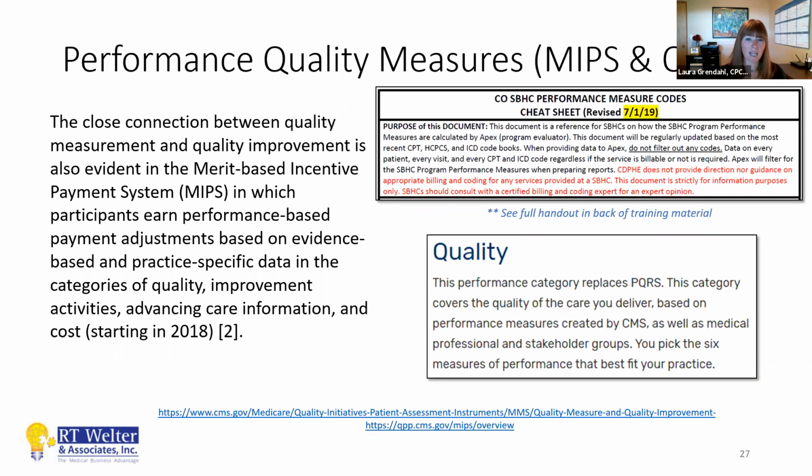We basically use category 2 codes and CPT codes for these performance measures. When you look at that cheat sheet, it breaks it down, and you'll see what codes are being tracked within your systems. I believe you use Apex for that. It's all there for you, and it's also really good information to be aware of, that these things are being tracked.